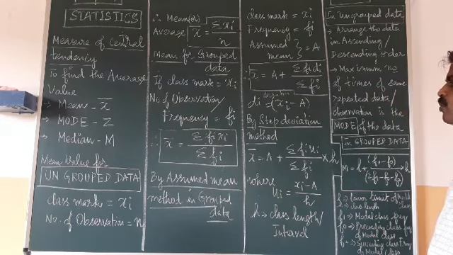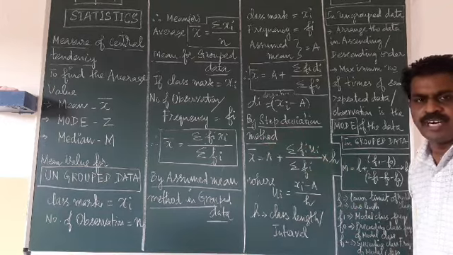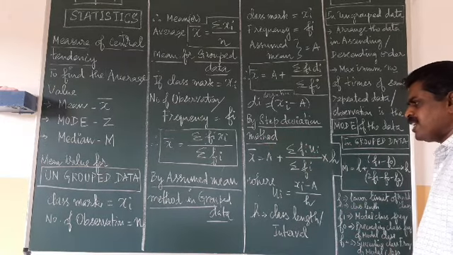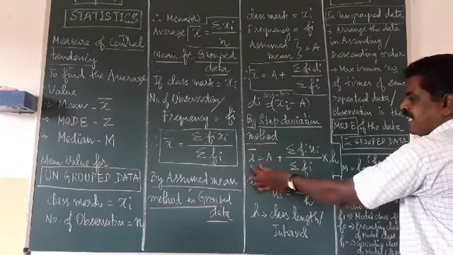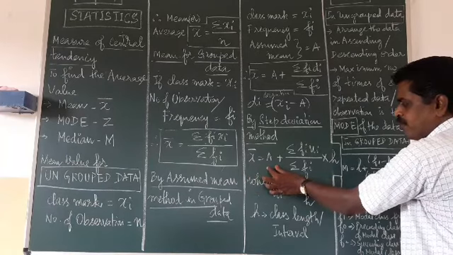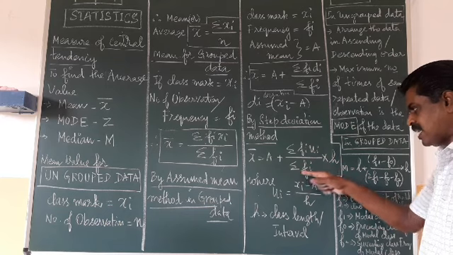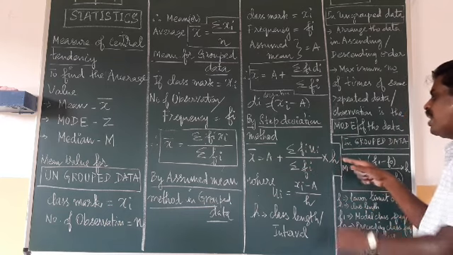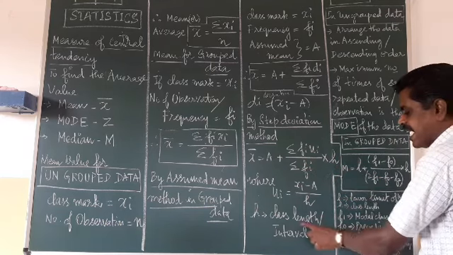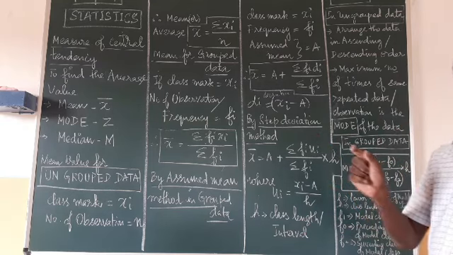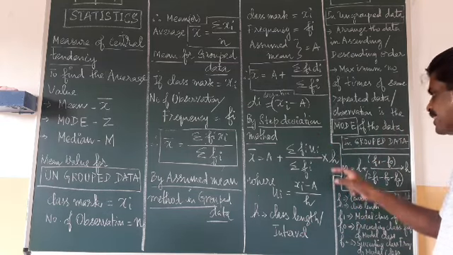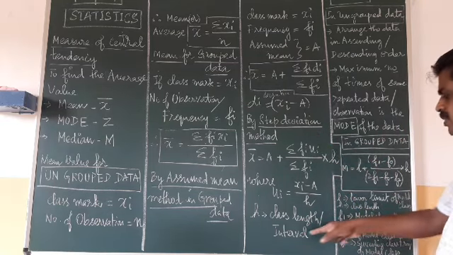Another method in grouped data to find the mean value is the step deviation method. What is the formula? x bar equals assumed mean plus sigma fi ui upon sigma fi, into h. h is nothing but the class length, the difference between the upper limit and the lower limit, which is also called the class interval.